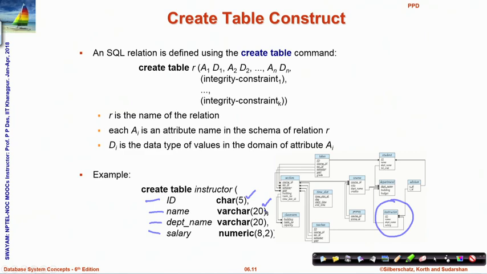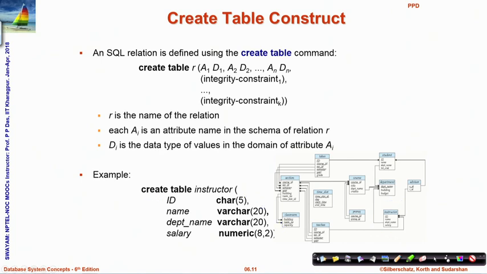This means that the ID of this table instructor will be strings of length 5, whereas the name and the department name are strings, but they have a maximum length of 20, and could be of variable length, whereas salary is of numeric type having specification 8.2. So, it can have 2 decimal places and be of size 8 maximum.